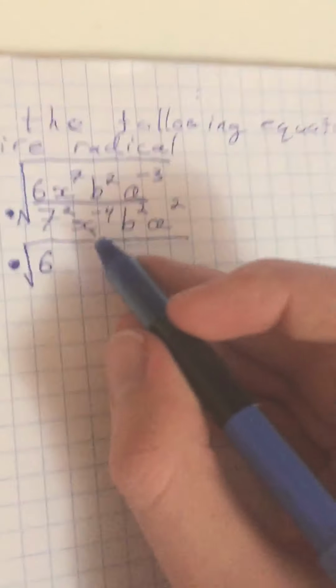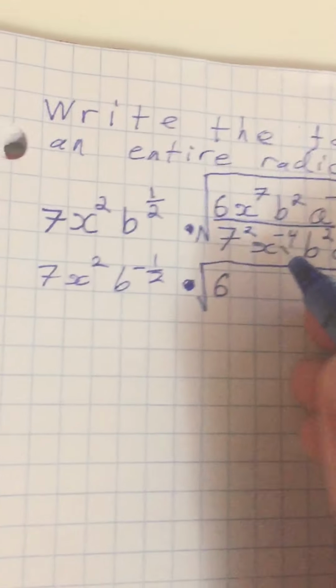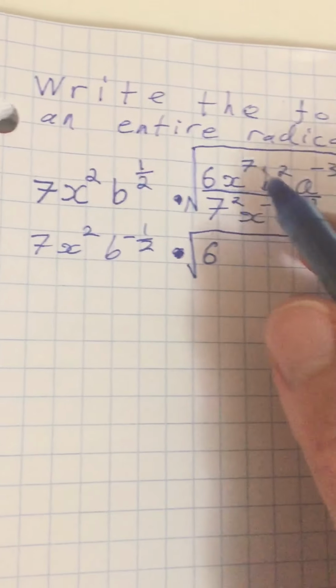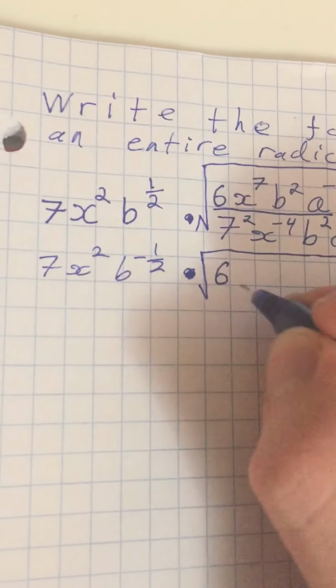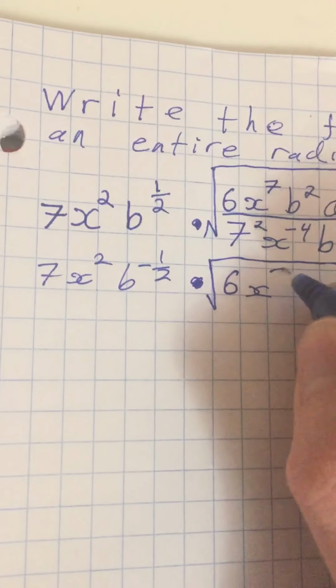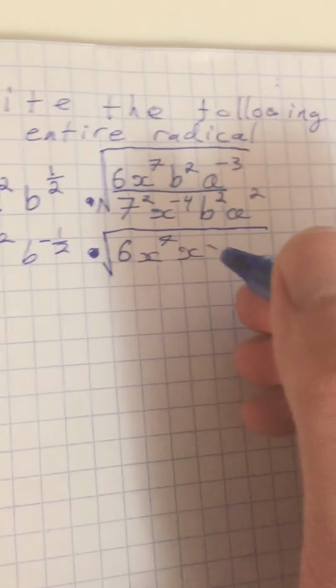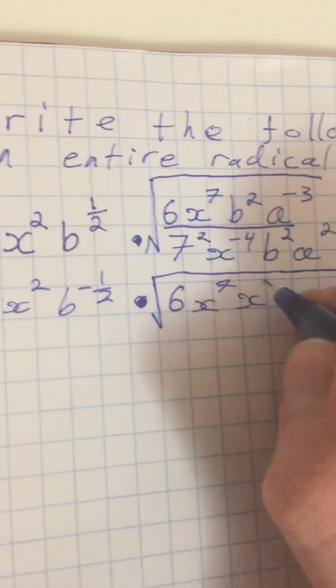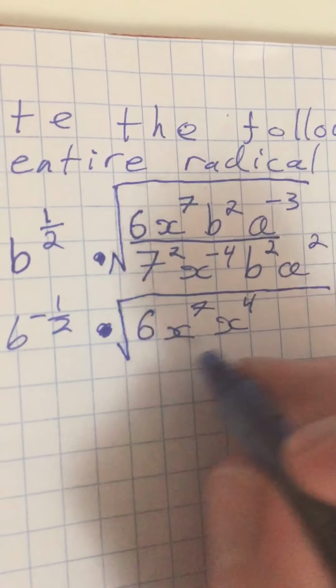But then we have this x to the negative 4, and we can rewrite that up here as, so first I'll write the x to the 7, and that is a 7. I know it doesn't look like it. And then x to the positive 4, and those are multiplied by each other because I haven't put a sign in between.